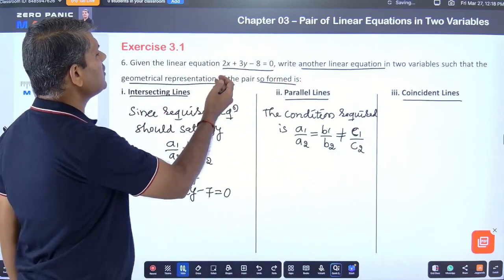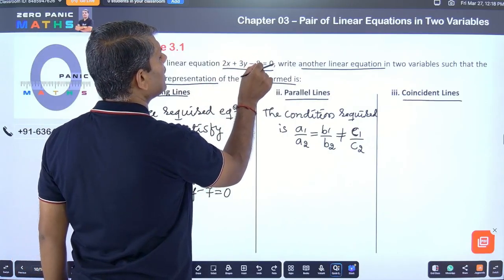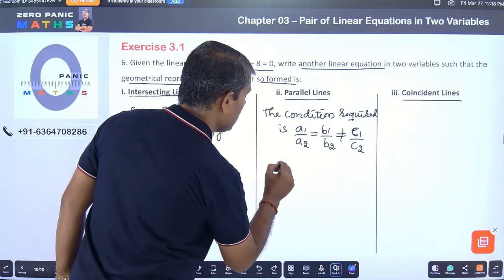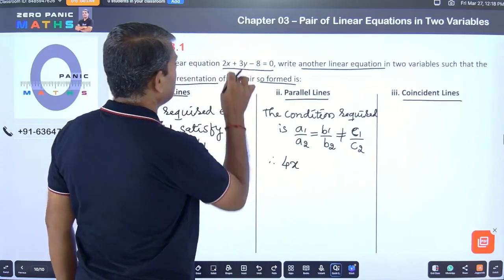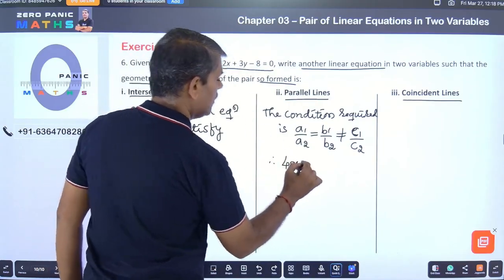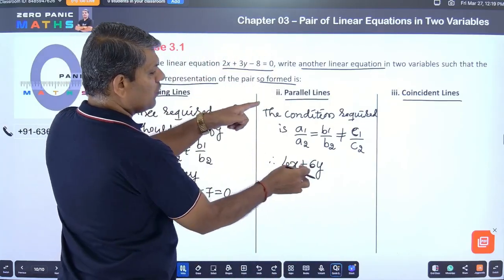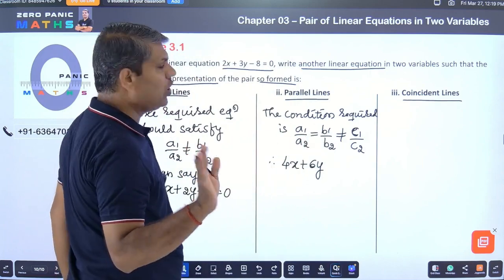So I will just take twice of the 2 and then I will take 7. I will keep this 7 only here. Okay, I'll say, therefore, 4x that creates 1 by 2, 6y that actually creates 1 by 2. So a1 by a2 is equal to b1 by b2, right?